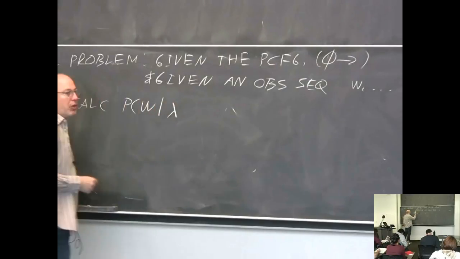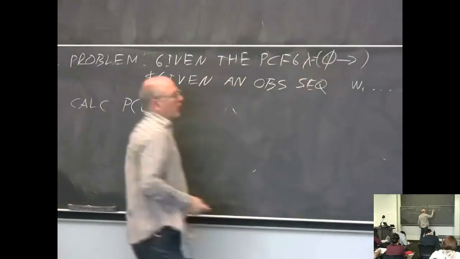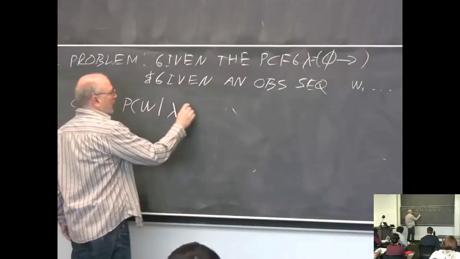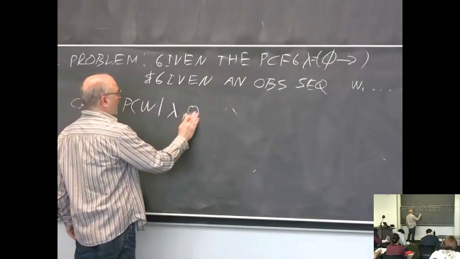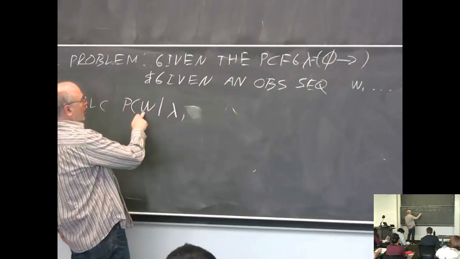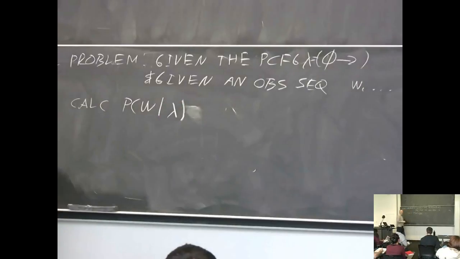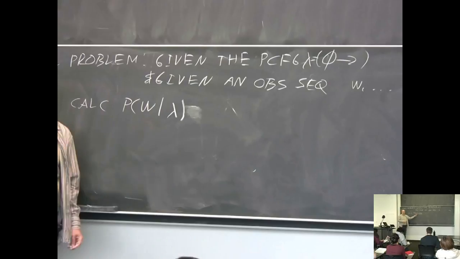I'll call the model lambda just like I do in HMM. Calculate the probability of the sequence given the model. That's the equivalent of the evaluation problem in HMM.